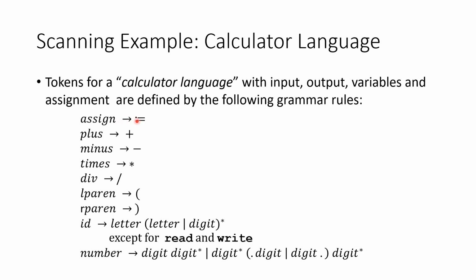So here we use colon-equals instead of just equals for assignment, in keeping with the Algol language and its descendants, as opposed to C-like languages. We have also listed tokens read and write as exceptions to the rule for ID.